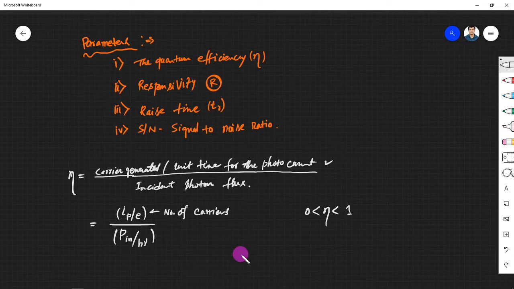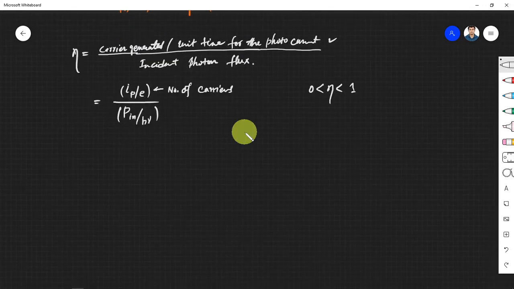And then the next parameter is responsivity. The responsivity R is defined as the photocurrent we are getting divided by how much power we are supplying. So this is again the optical power, P in.